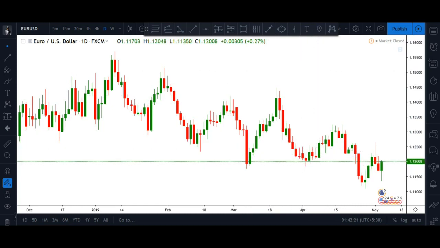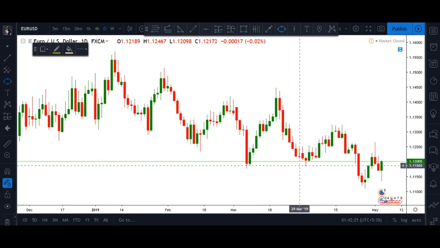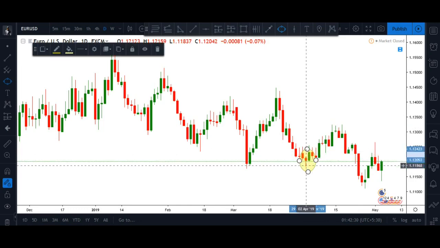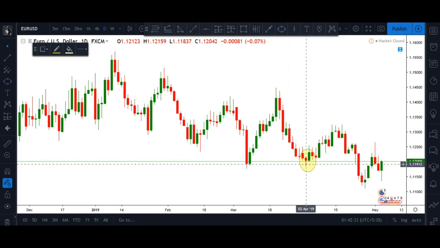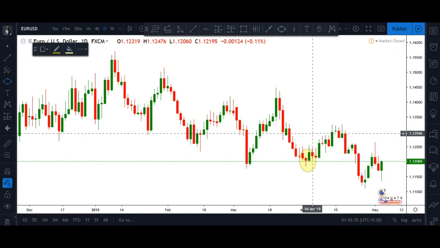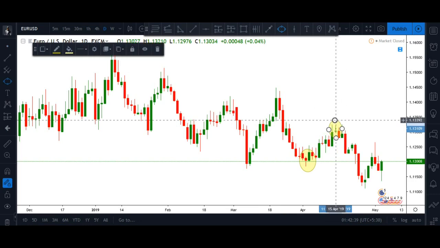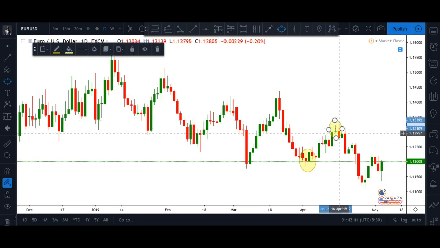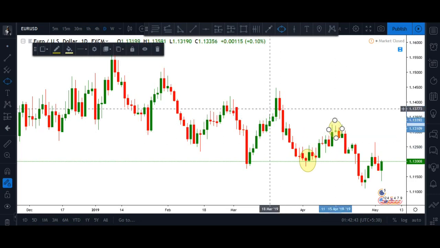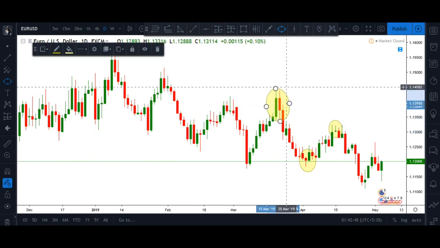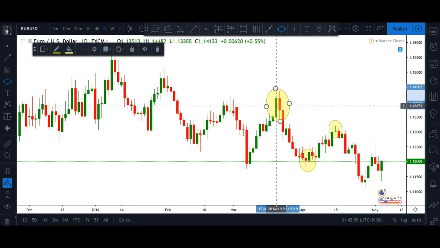Let me point them out for you. Here the market reversed, and you can see an inverted hammer. Here, you can see a gravestone doji.